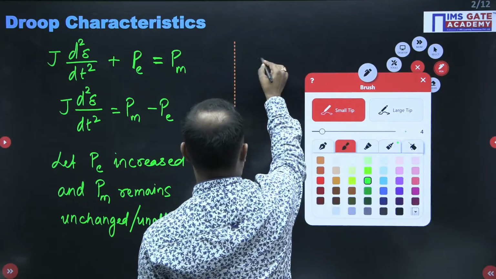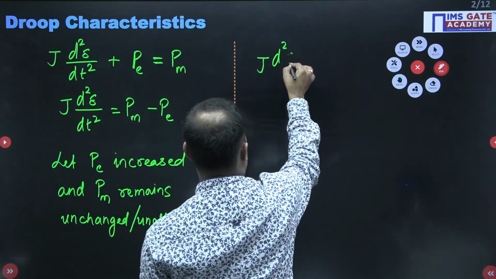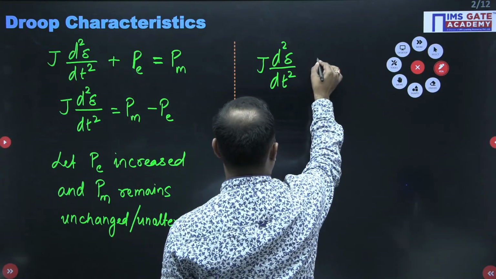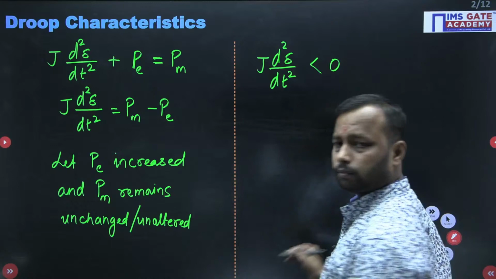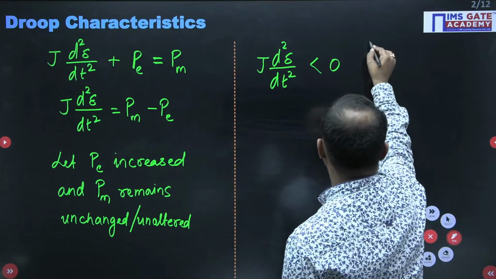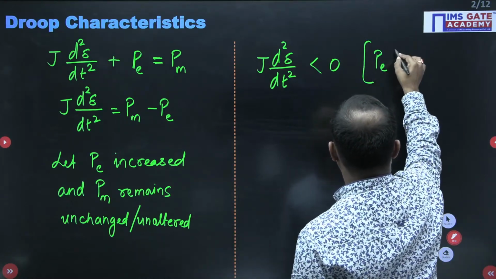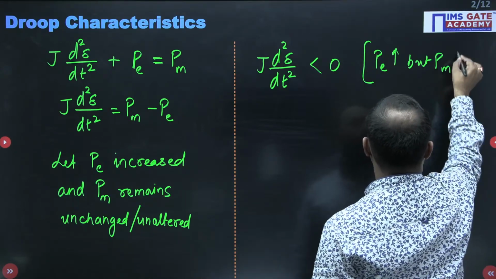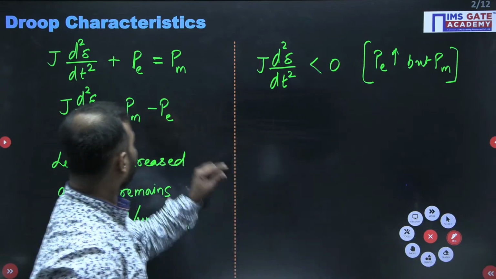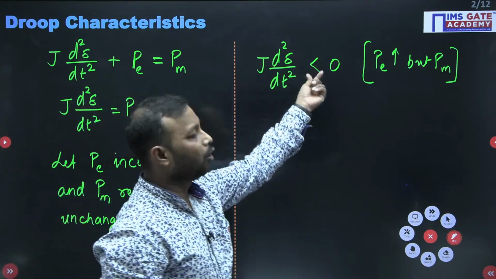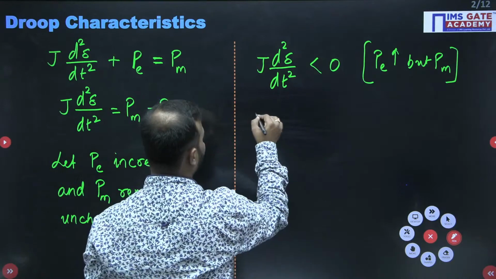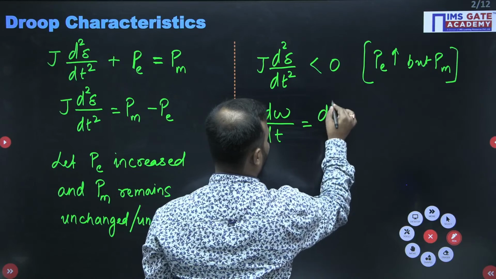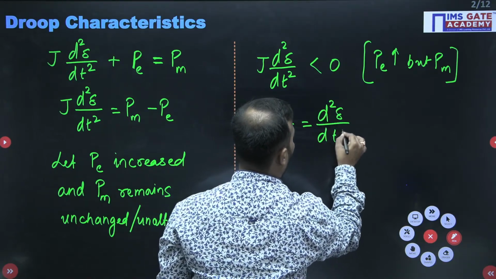J d square del by dt square will be less than 0. Why, sir? Because your electrical power, which is the load power, is increased, but P_M remains unchanged, so by this equation it will decrease. Now, as we know, the derivative of speed is nothing but the second derivative of del.